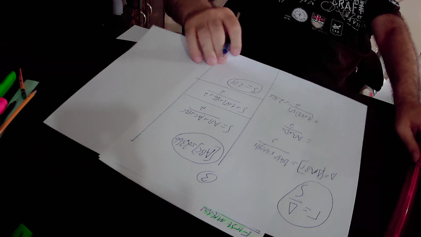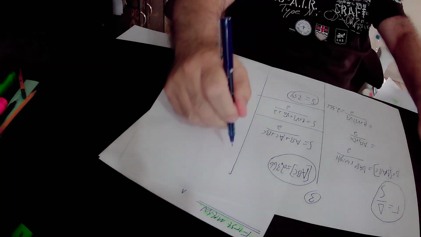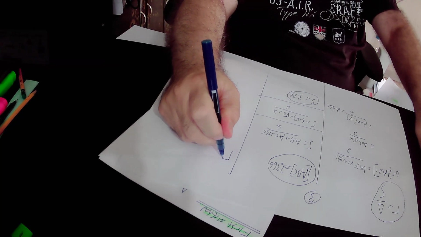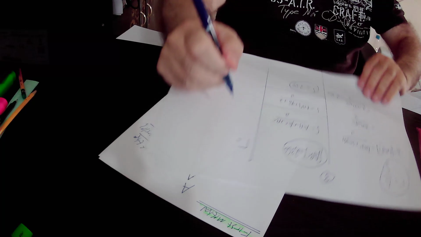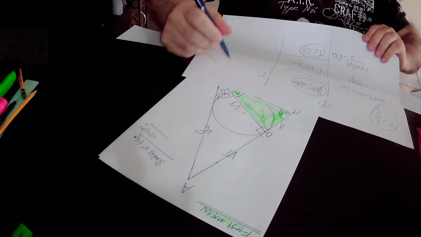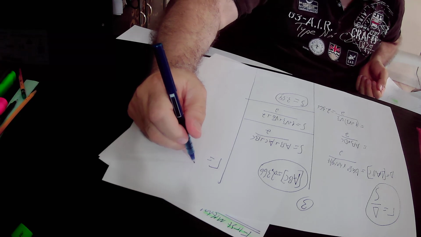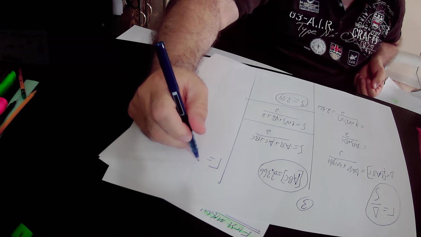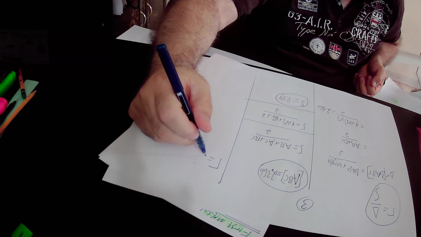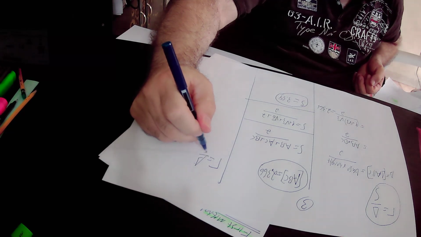So in conclusion, we found out that the radius of this circle that is described by triangle ABC is equal to the area of triangle ABC over the semi-perimeter of triangle ABC.